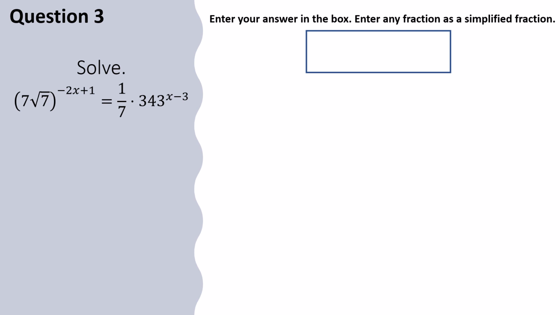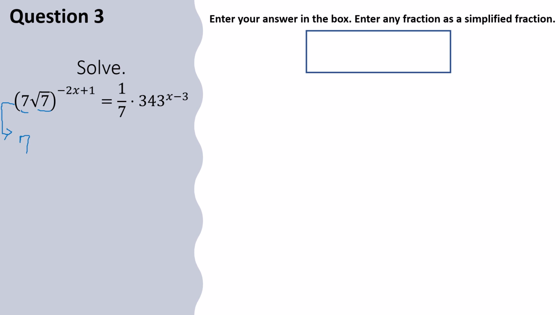All right. Question number 3. We want to solve this equation. So take a minute and look at that. We want to try to determine if we have a common base. And it looks like our common base is going to be 7. But let's investigate a little bit further and see if I can simplify this with a base of 7.